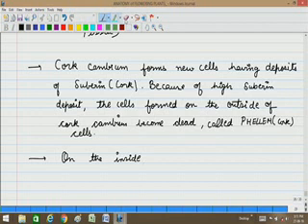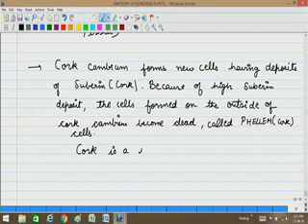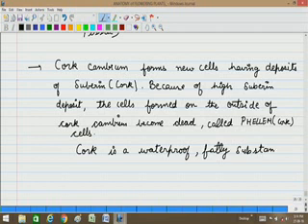Okay, one more thing, cork is a waterproof substance. Cork is a waterproof fatty substance, and it helps in repairing the broken outer layer.